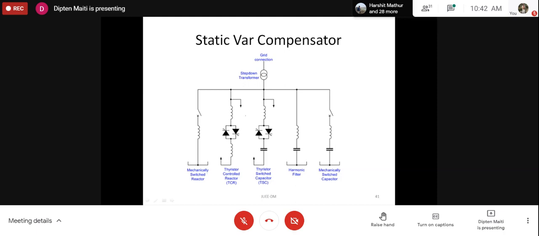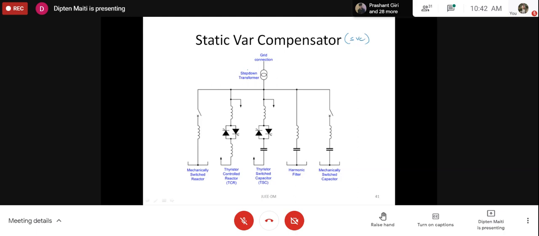So what is there? All of them may not be part of the static Var compensator, which is in short called SVC. Here there is the grid connection shown. The step down transformer may not be there. The static Var compensator technology is so matured, and thyristors or SCRs are available at both high voltage and high current.